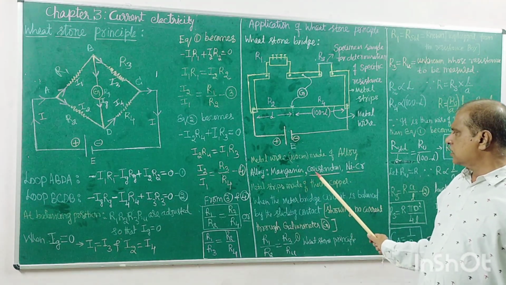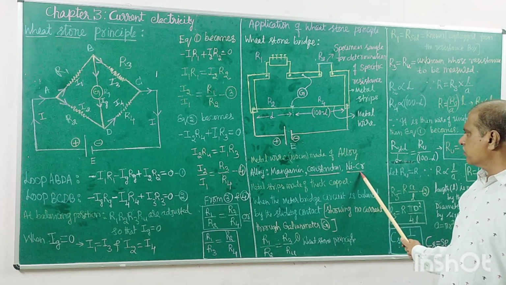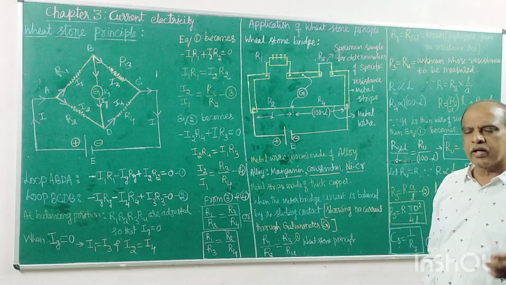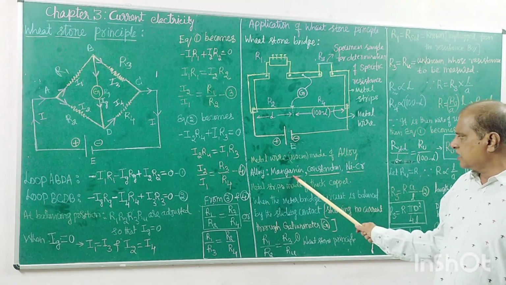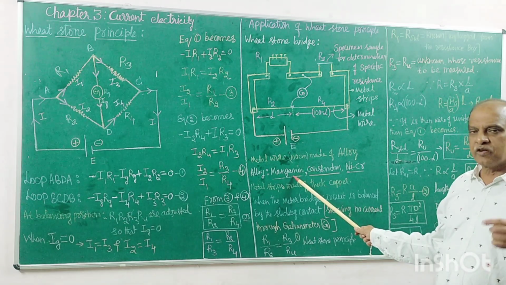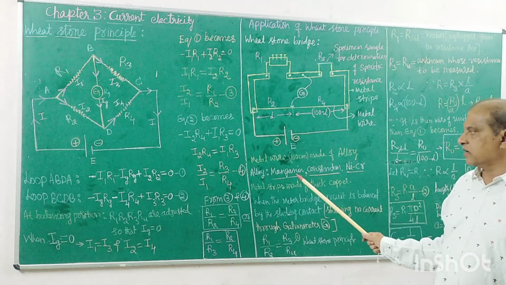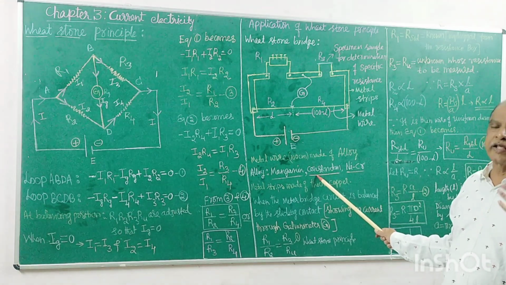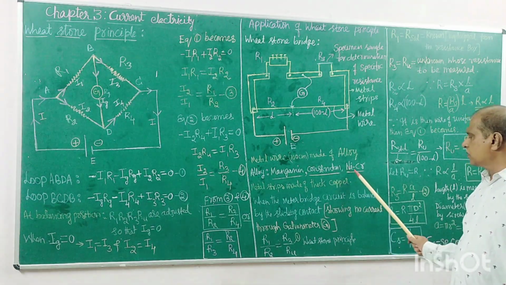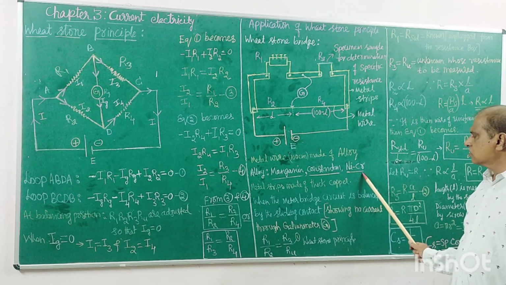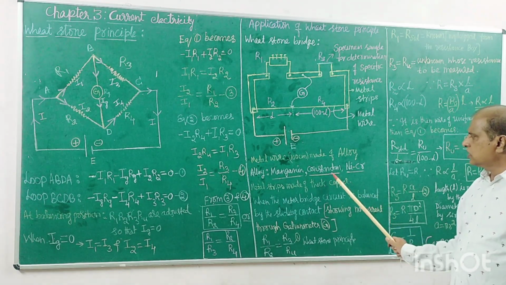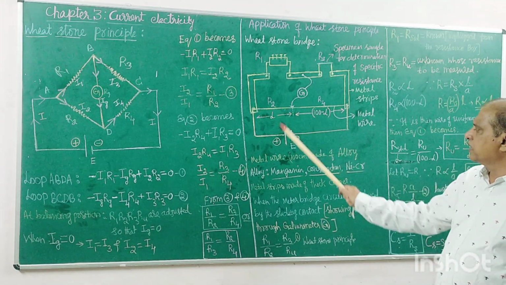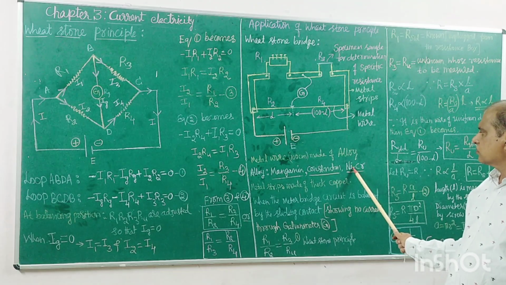Manganin is an alloy, a mixture of copper, manganese and nickel. Constantan is an alloy of copper and nickel. And nichrome is an alloy of nickel and chrome. So these have that kind of property. Therefore this wire is made of this or this or this.